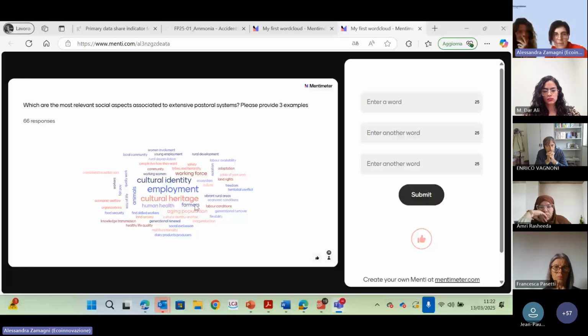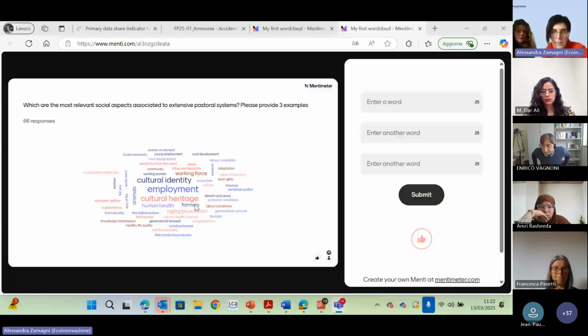Many are related to working conditions or labor. I see labor availability, working force, working women, and labor conditions. As we can see, this also confirms what we had found out from literature and the expertise on the context. So this will be, of course, one of the most relevant aspects to be considered within the social and psychological assessment.